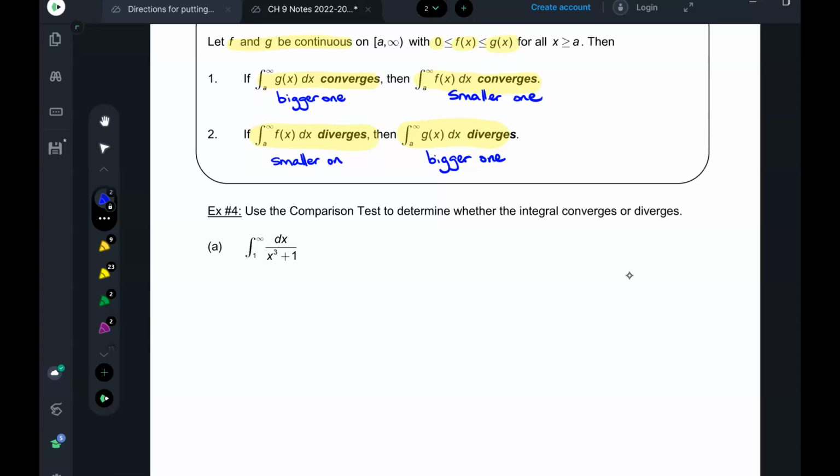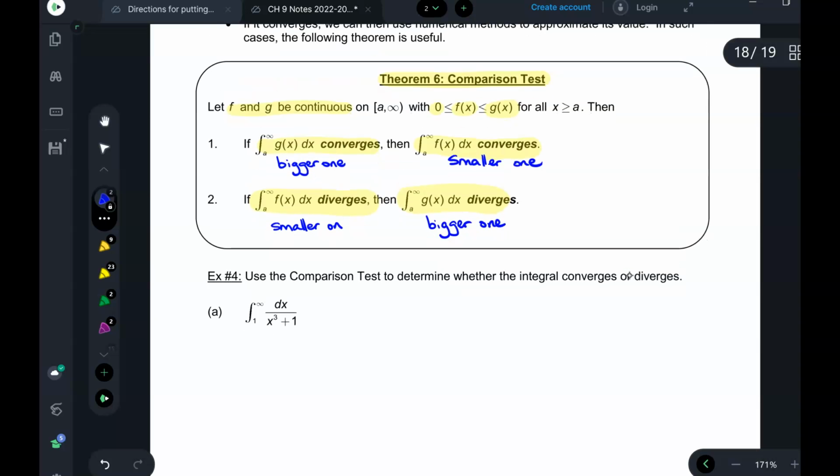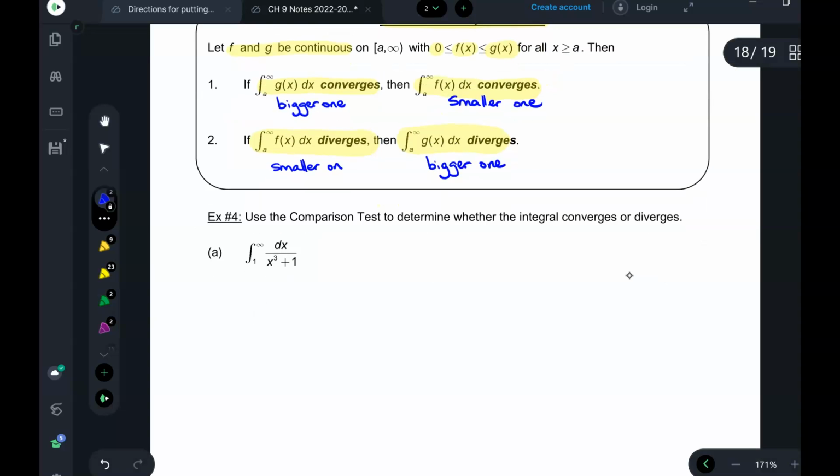So what we're going to do is compare it to something that is either bigger or smaller. So I'm going to compare it to 1 over x cubed.